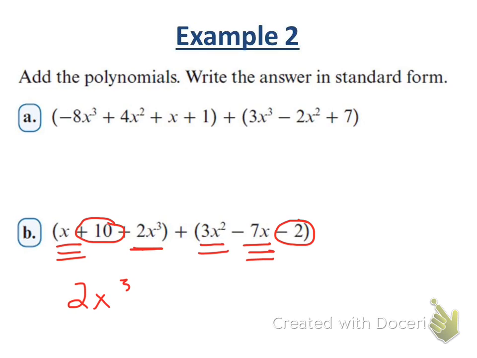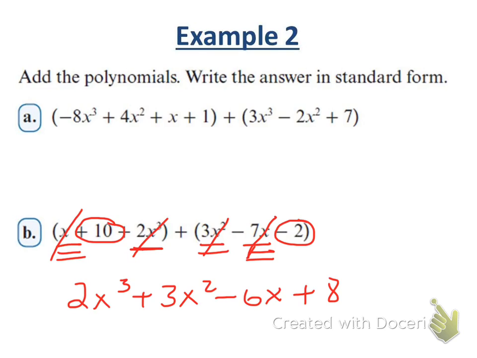So that will give us 2x cubed plus 3x squared. x minus 7x is negative 6x. And then plus 8. 10 minus 2 is 8. Okay? This is a polynomial.